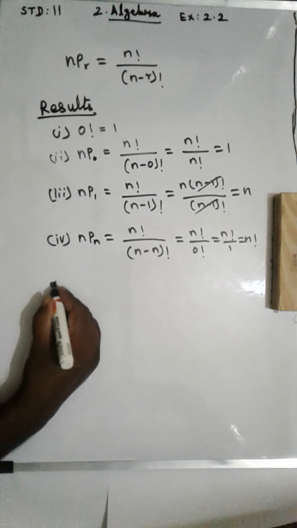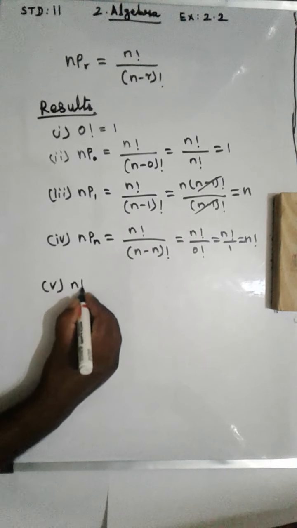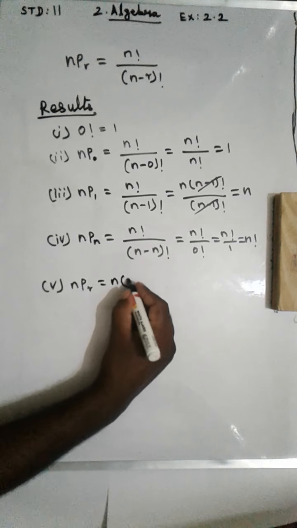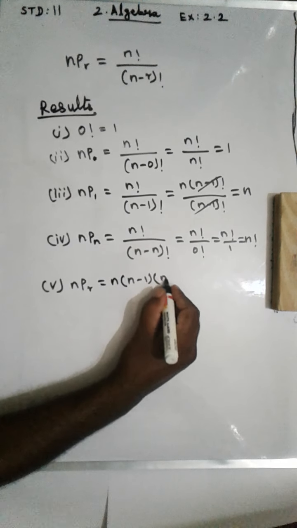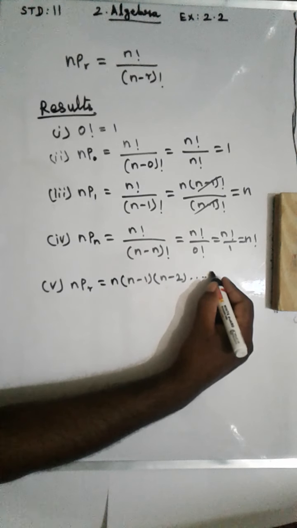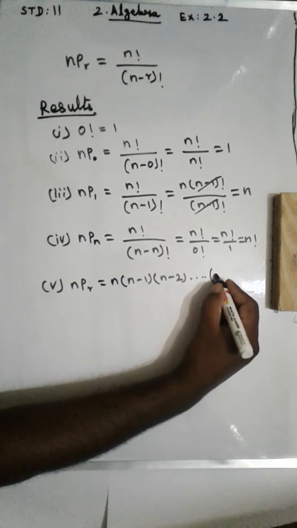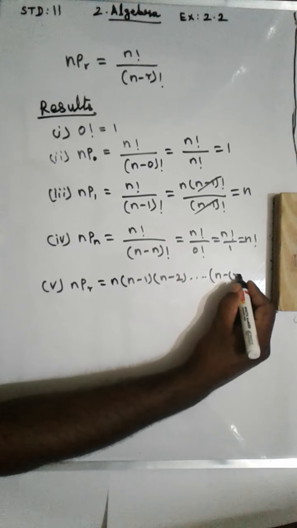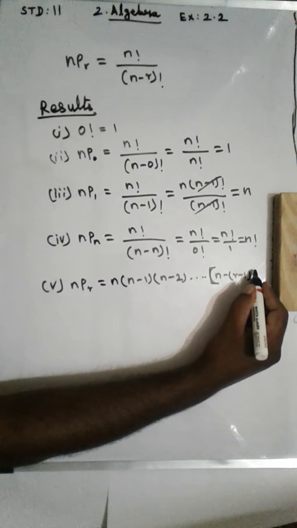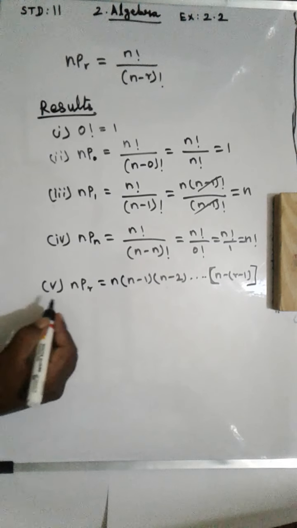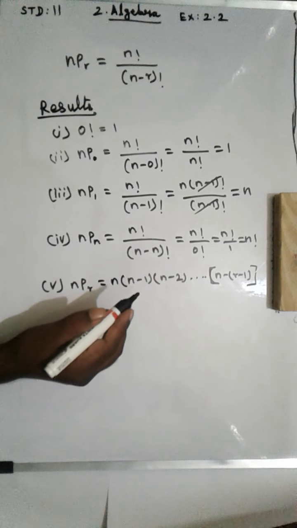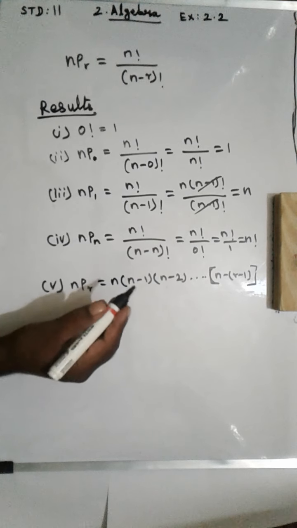Next, fifth result, nPr equals n into (n minus 1) into (n minus 2) and so on up to (n minus (r minus 1)).